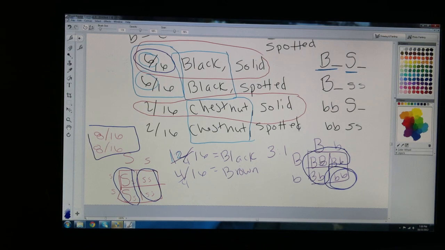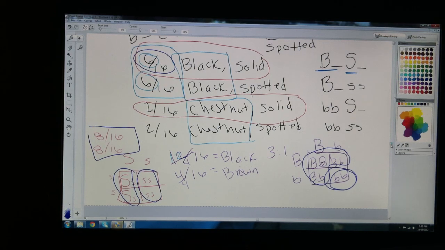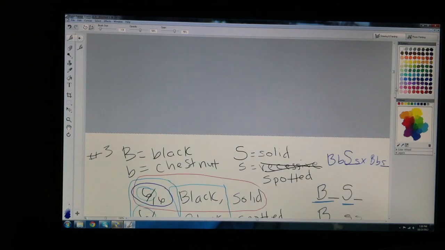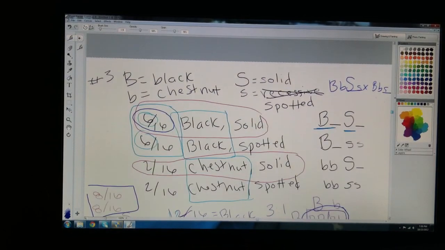So our parents are like this. We'd have one parent that's heterozygous for both traits, and one parent that's heterozygous for coat color and homozygous recessive for spotted or solid.